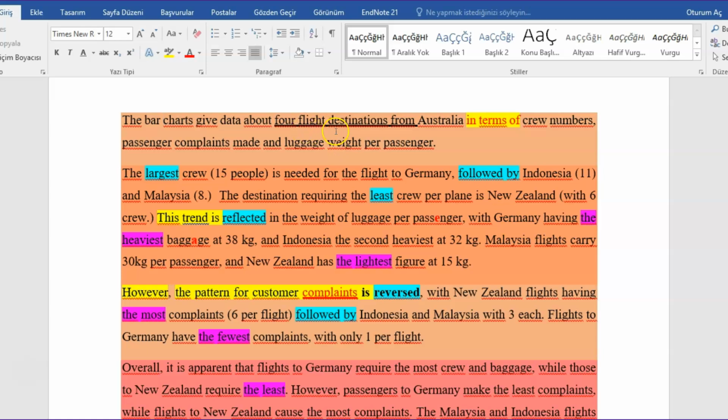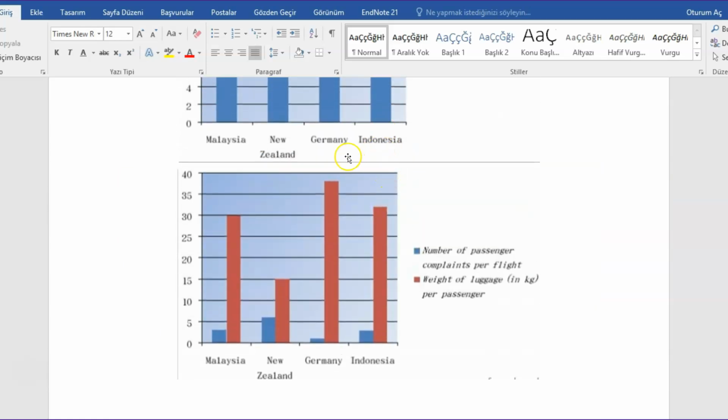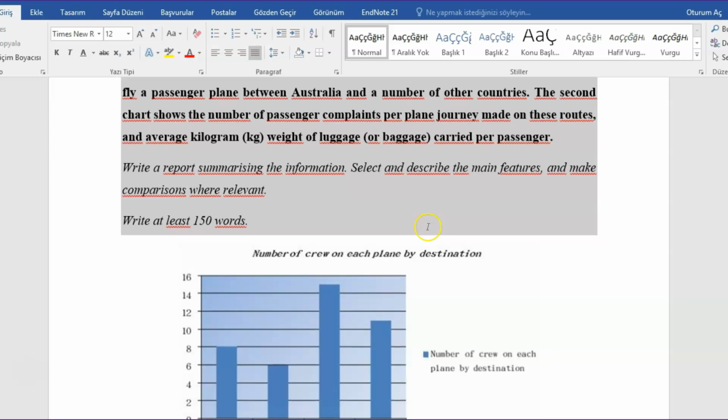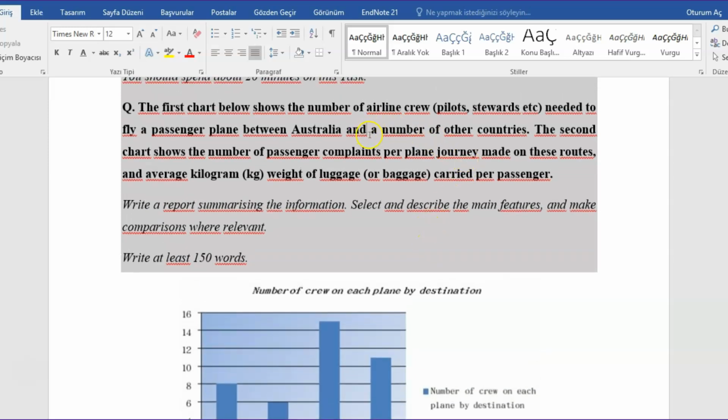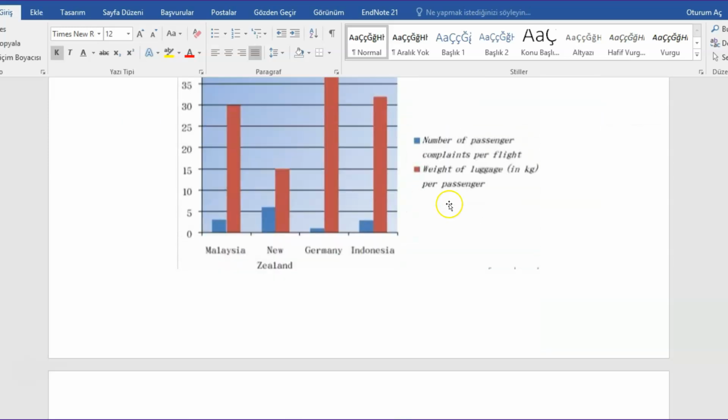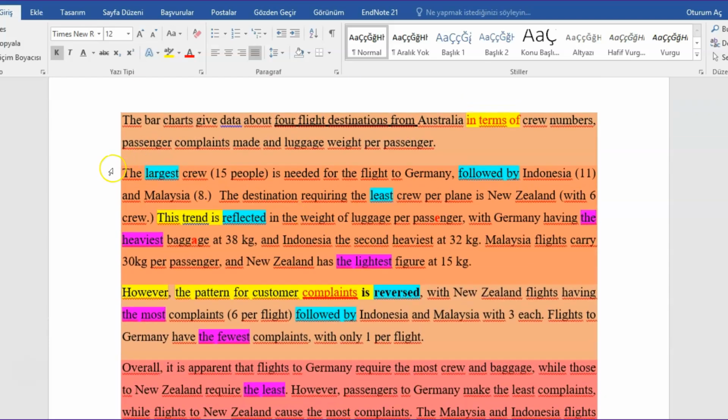Great, okay? 4 flight destinations: Indonesia, Germany, New Zealand, Malaysia, and a number of other countries. We paraphrase that, okay? Pay attention to that.